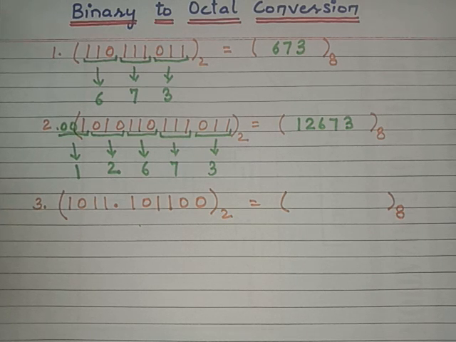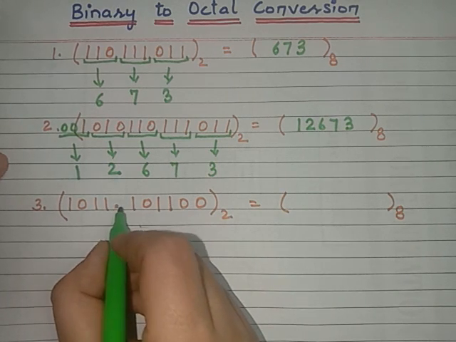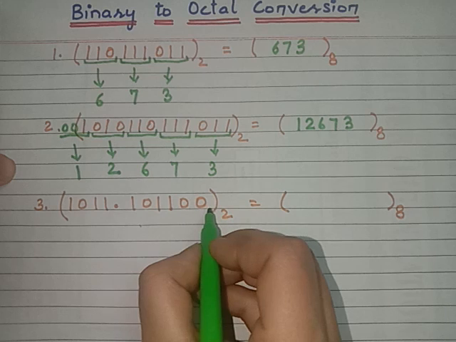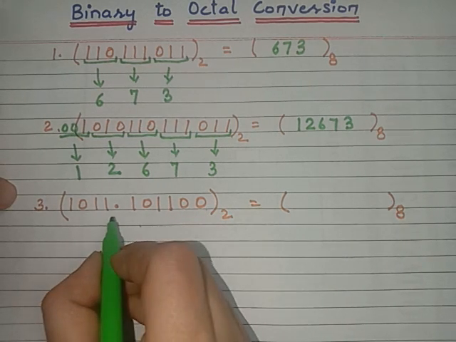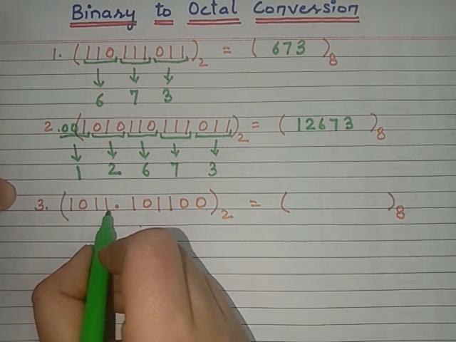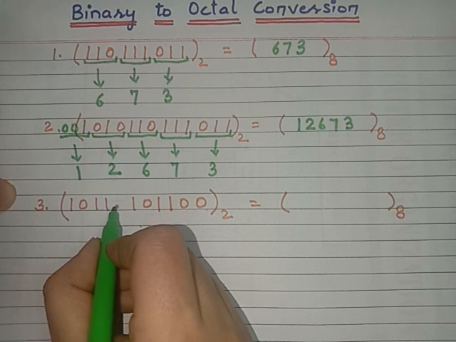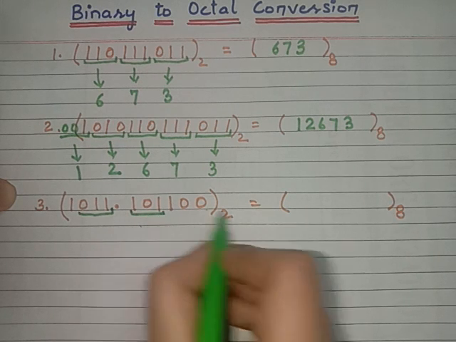Now we have to take care of one thing, that we are having a decimal point over here. So we are not going to make the groups from the very left-hand side, rather we will be starting from the decimal point. We will be making the groups of 3 digits from the decimal towards the left-hand side and towards the right-hand side.